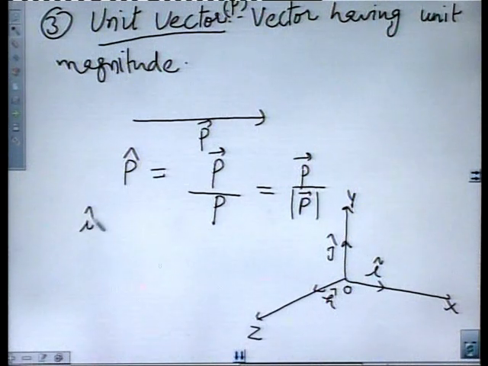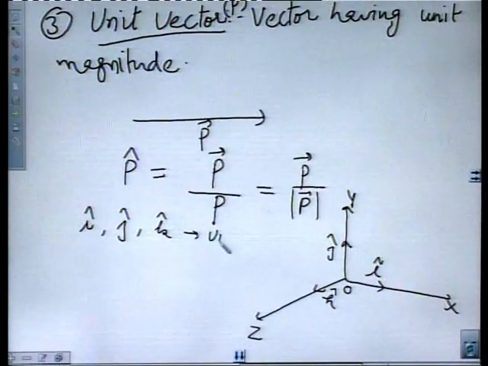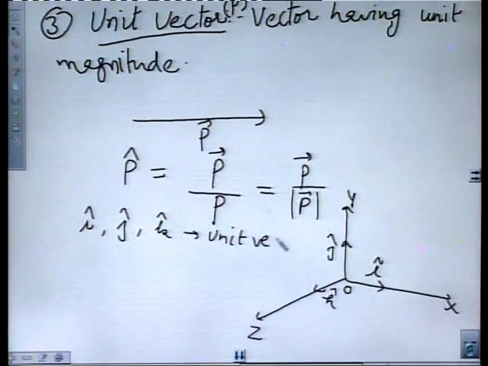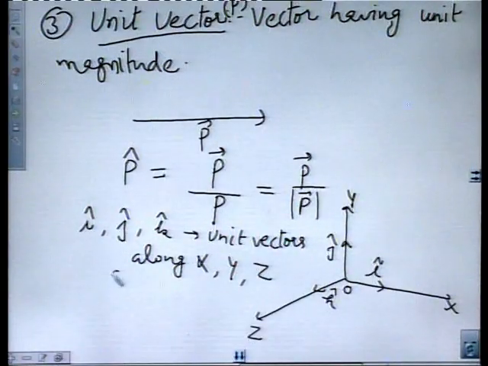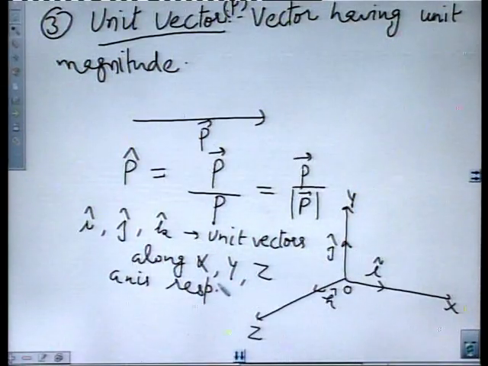So i cap, j cap, and k cap are the unit vectors along the x-axis, y-axis, and z-axis respectively. So this we have to remember.